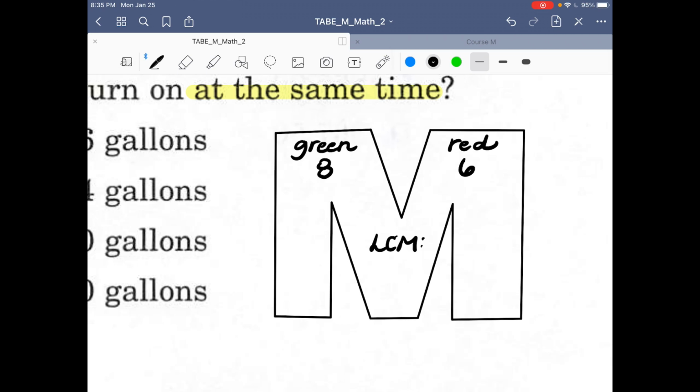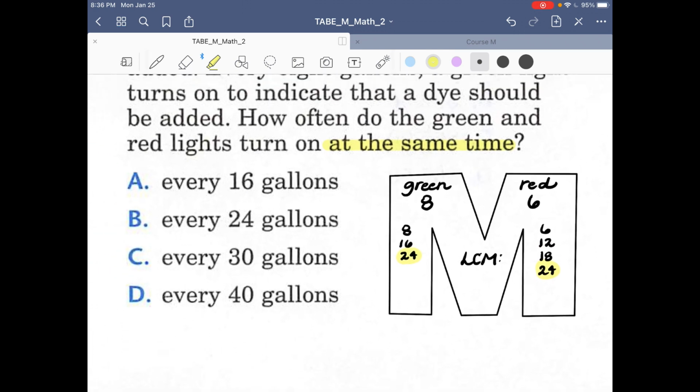I'm going to list the 8s first. 8, 16, 24, 6, 12, 18, 24. So every 24 gallons, you will need to add both mixtures at the same time. The red and green lights come on together every 24 gallons.